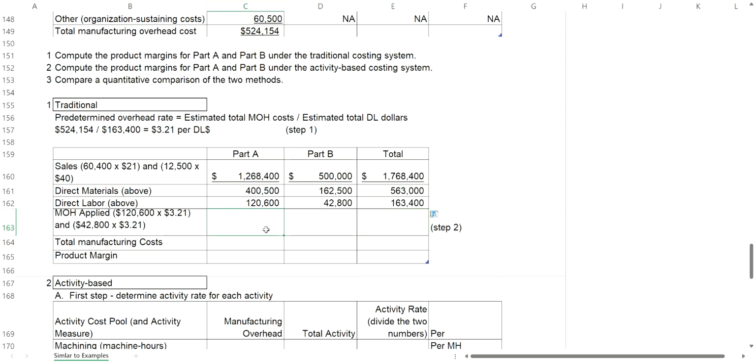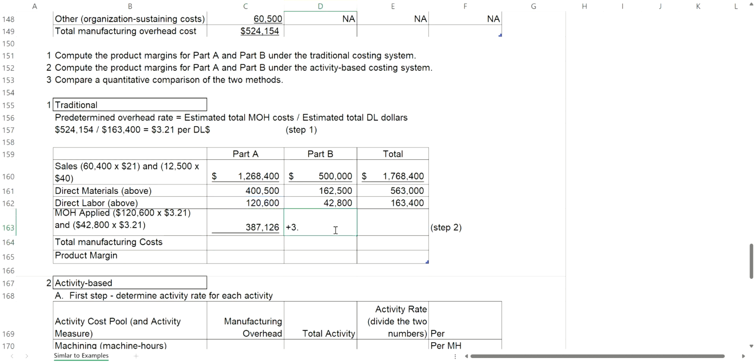Okay, now for manufacturing overhead, remember we came up with the predetermined overhead rate of $3.21. I just put the direct labor dollars. I'm sorry, I said hours, but I meant dollars. So for product A, it's $3.21, the predetermined overhead rate, times the direct labor dollars for product A, 120,600.